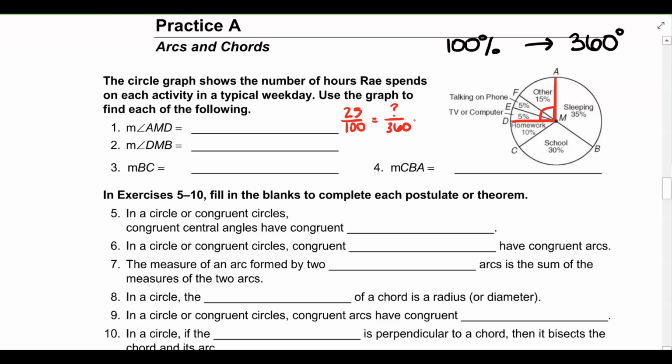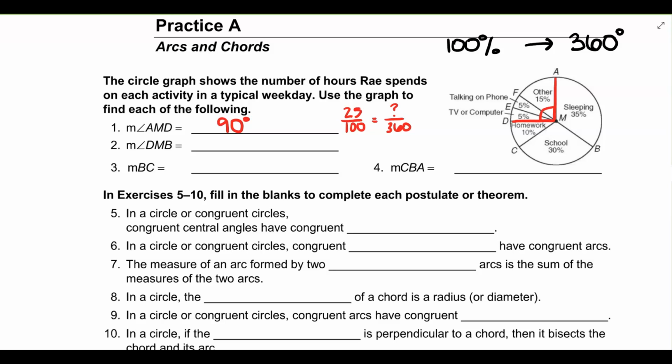Okay, you're setting up a proportion. So I cross multiply, or I can simplify the fraction and find the equivalent. But the point is, I'm looking to solve my proportion. So I have 90 degrees is equivalent to 25% out of 100.